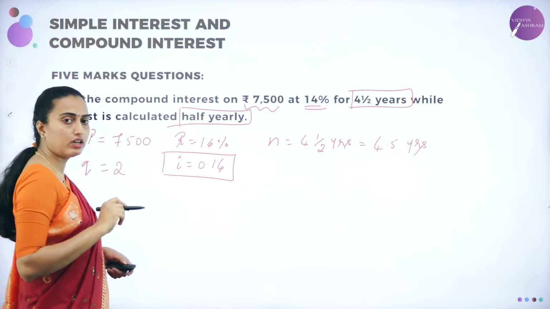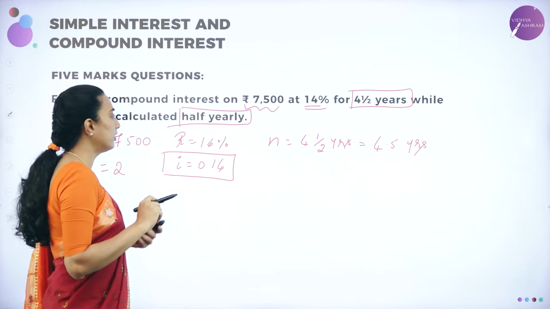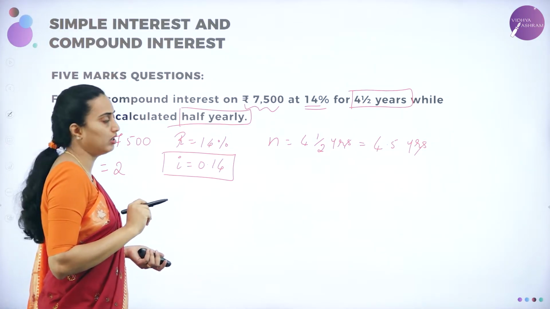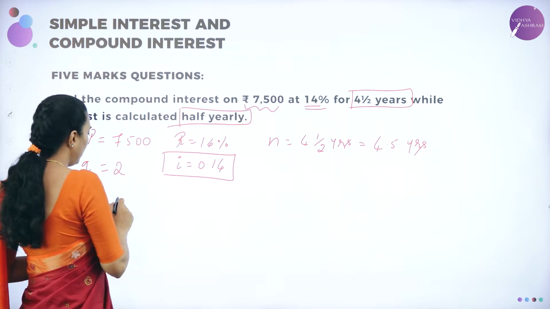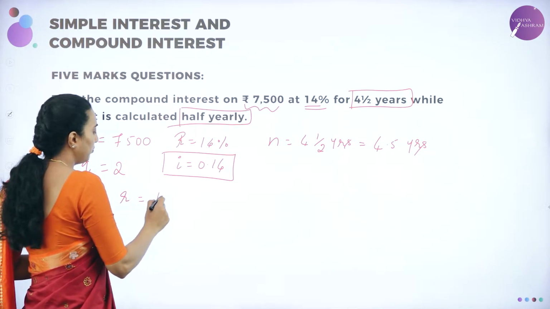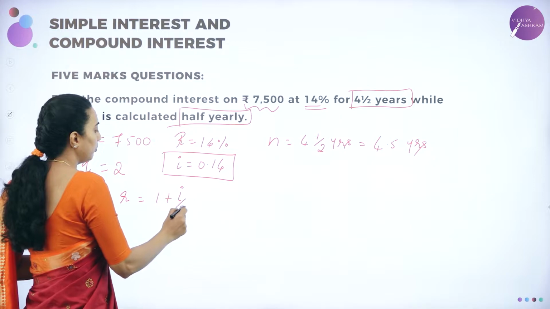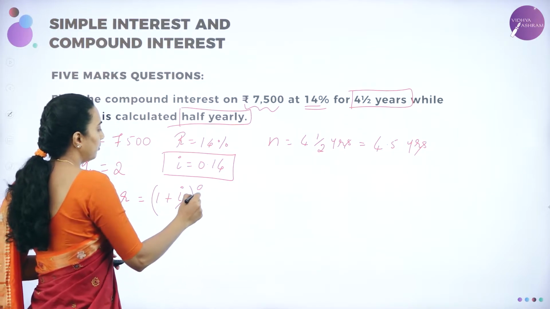Sorry, they have given half yearly, not quarterly. Half yearly means Q is equal to 2. In a year, 2 times you are going to have. So the formula for the nominal rate is given by R is equal to (1 plus I divided by Q) whole to the power of Q, minus 1.